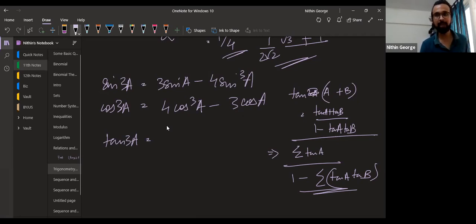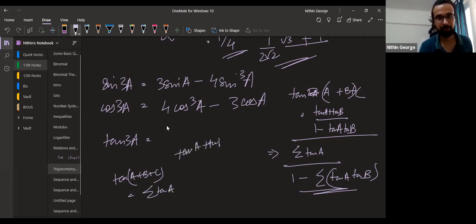Now, tan of A plus B plus C. How would you do this? What you do is the sum of tan A, basically tan A plus tan B plus tan C, minus the sum taken 3 at a time, tan A tan B tan C. So only one possibility is there.